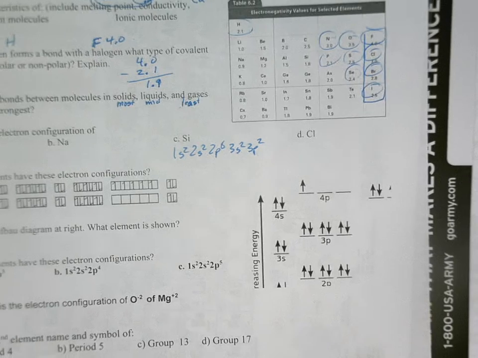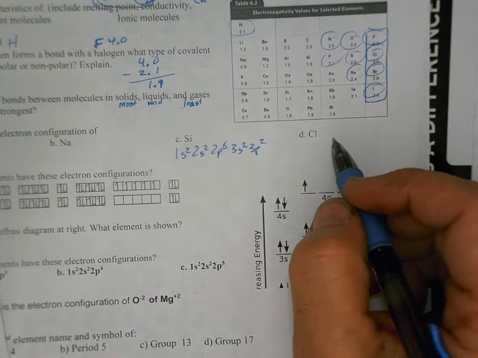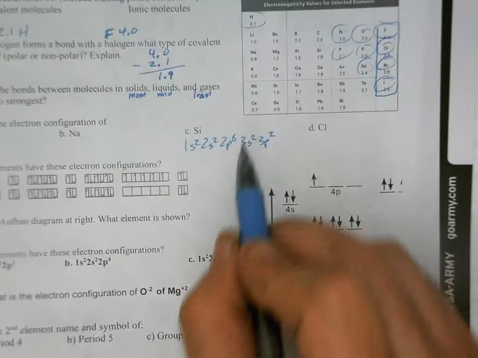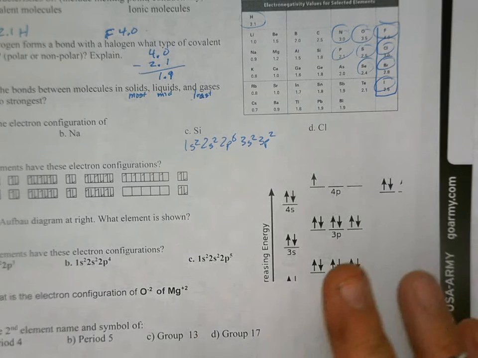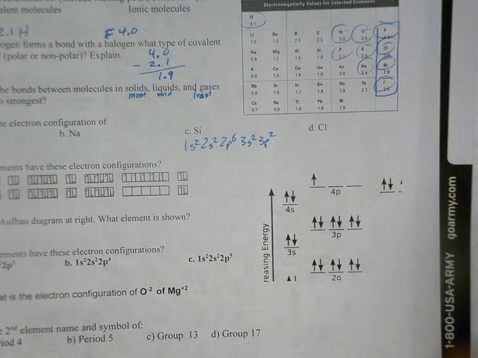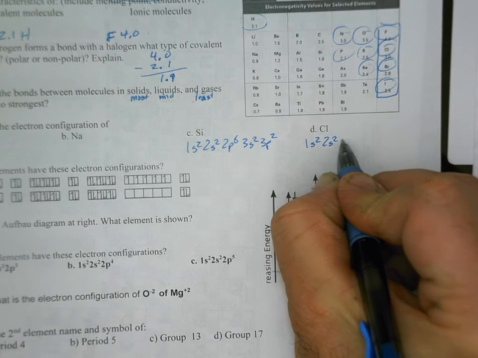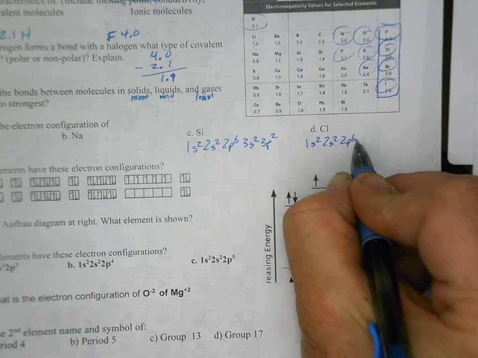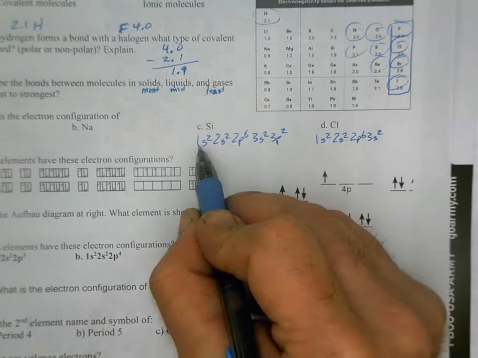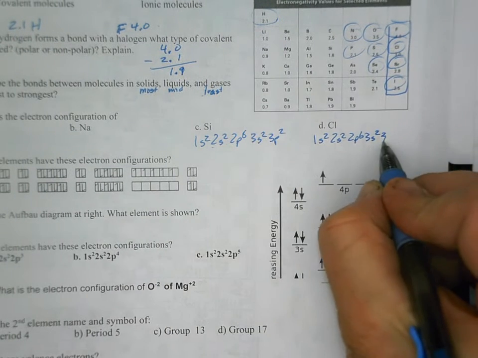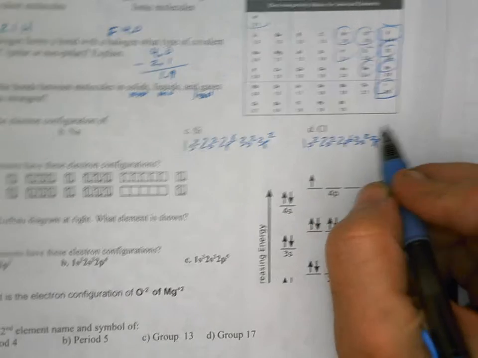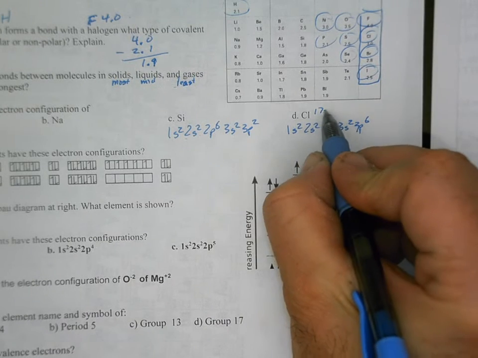And then chlorine has 17 electrons, so it's going to be very similar. I don't think we did chlorine on this one. No, I didn't have you do that one. So 1s2, 2s2, 2p6, 3s2. I'm just copying what we started here. Now 3p, I think it's going to be 6. We need a total of 17 electrons in chlorine.